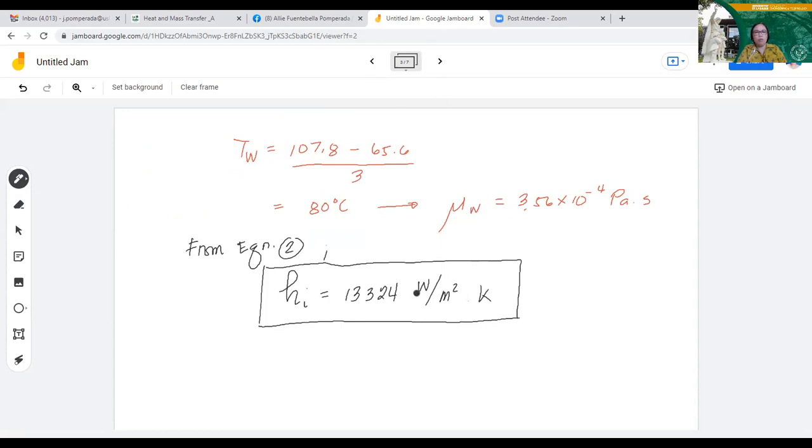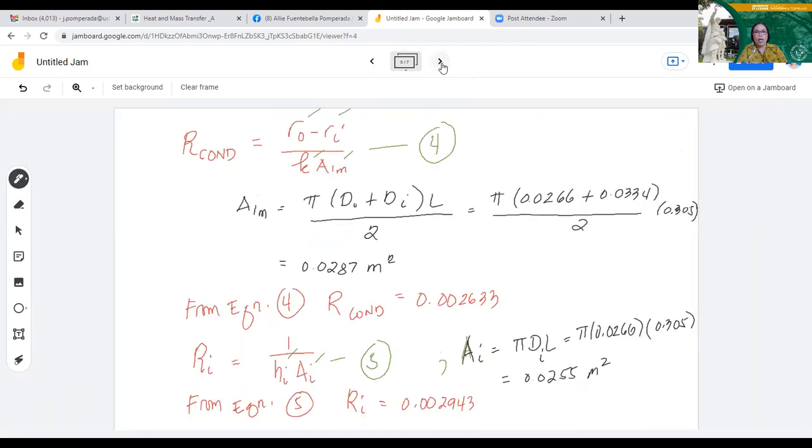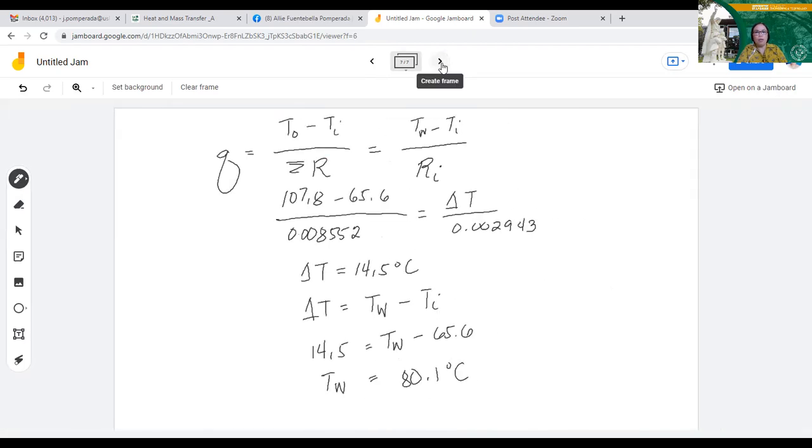The error here will be inputted also in your h sub i, and everything will also have some degree of error. Since we assumed 80 degrees Celsius for the wall temperature, based on the suggestion also, and upon checking here it's 80.1, it's okay to proceed because your error is very small.